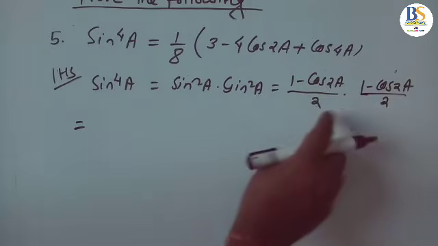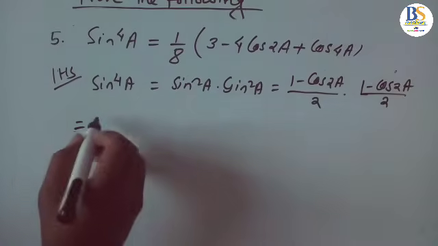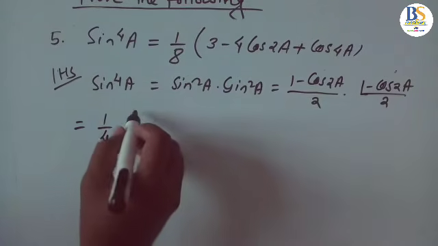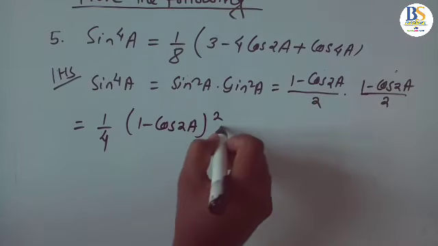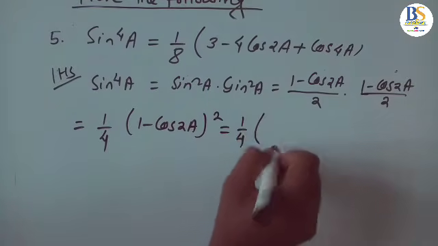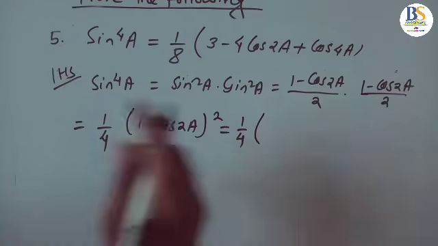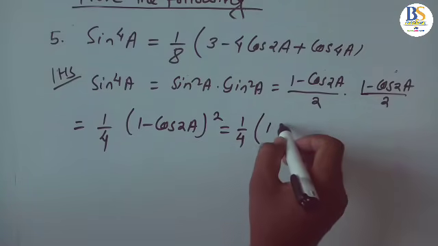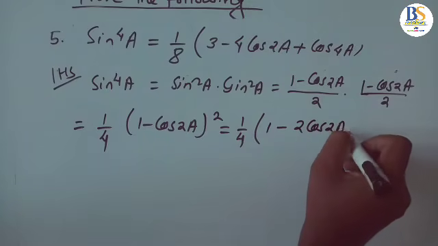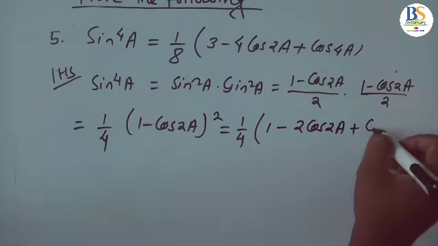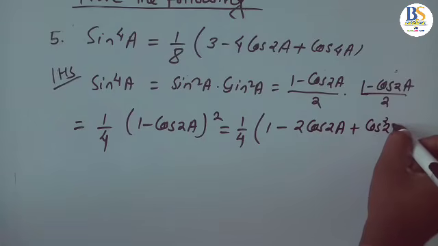Then this is equal to 1 upon 2, 1 upon 2 can be written as 1 upon 4, then 1 minus cos 2a whole square. Expand by using the formula (a minus b) whole square. This is a square minus 2ab plus b square, cos square 2a.